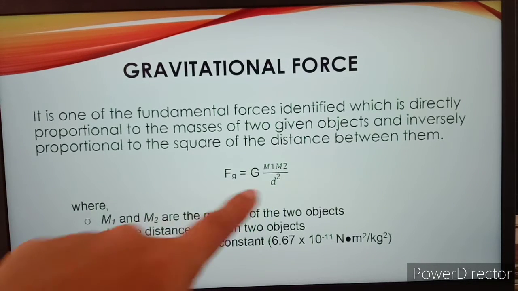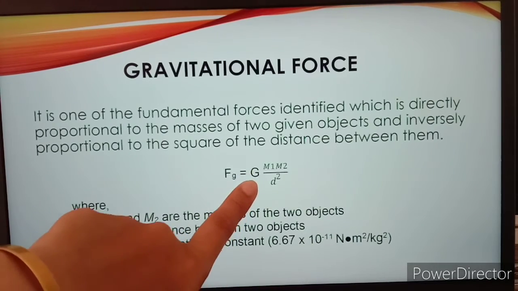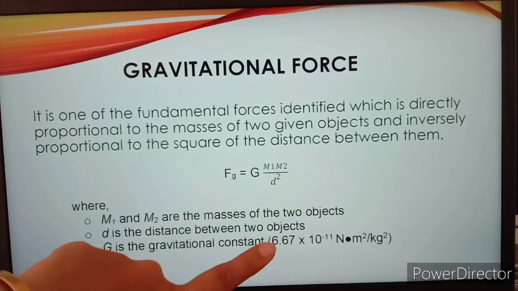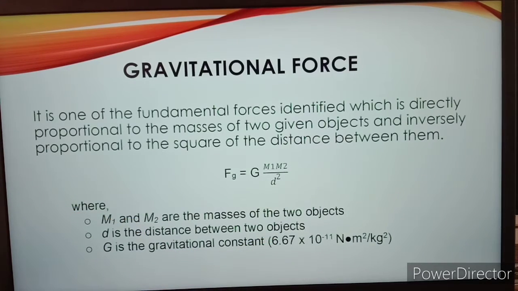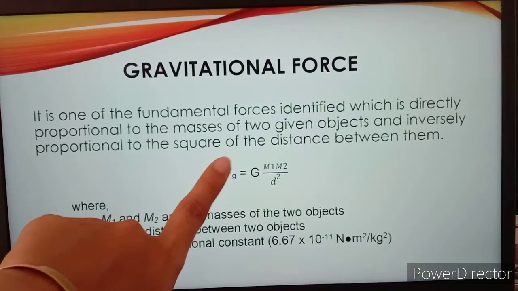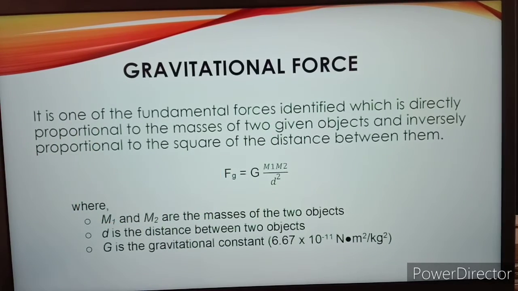We also have the universal gravitational constant, which is equal to 6.67 times 10 raised to negative 11 Newton m squared over kilogram squared. This is the formula that we are going to use in computing the gravitational force.